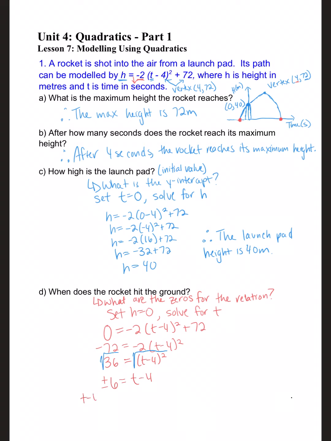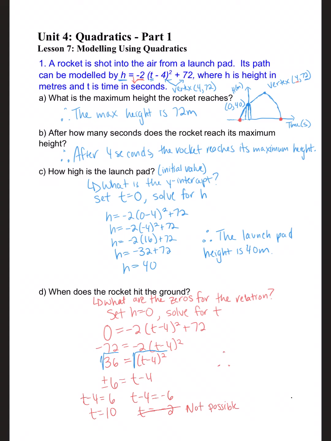We're going to have t - 4 = 6 and t - 4 = -6. So we'll add 4 to both sides, so we get 10. Or if we add 4 over here, we're going to get -2. Now, as we said before, we're not going to take a negative amount of time, so we can just say that that one's not possible.